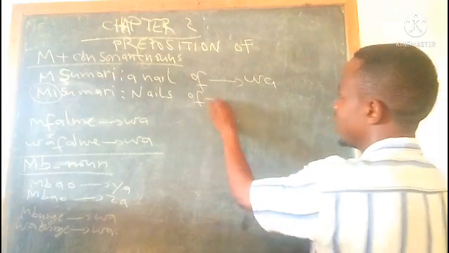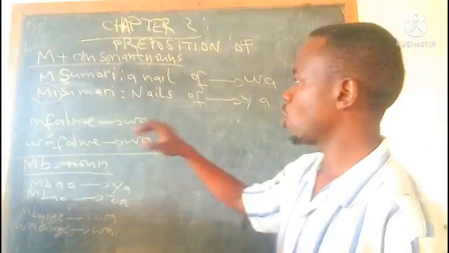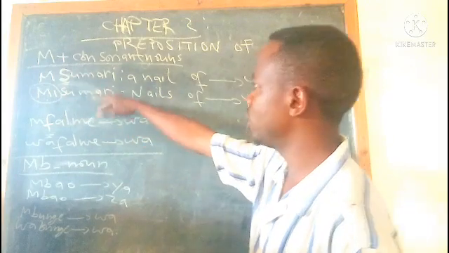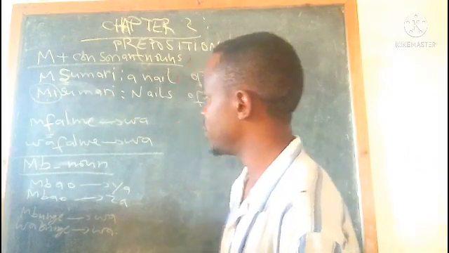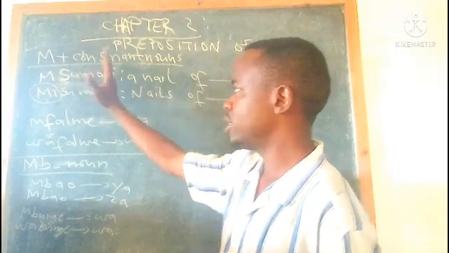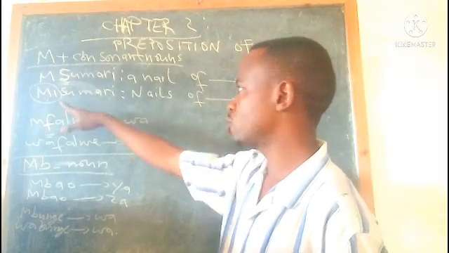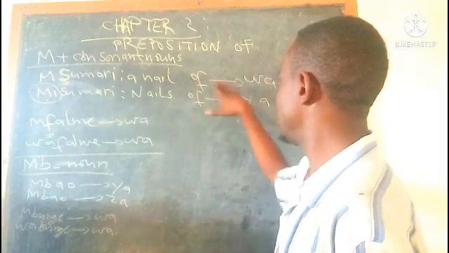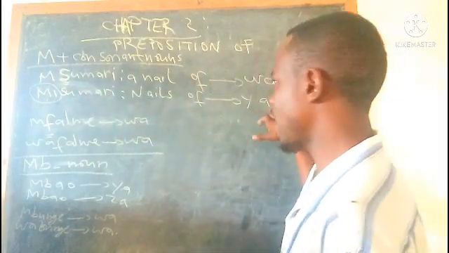Misumari ya. It becomes ya, because it is plural. So this means that an M plus consonant noun, when it describes something, of course msumari, it is not a person, or a creature. It's something. So msumari wa in singular, misumari ya in plural.